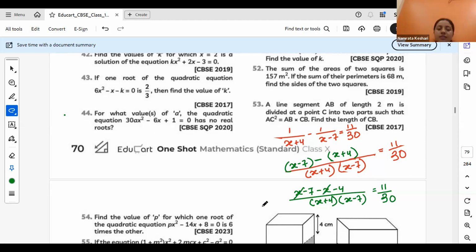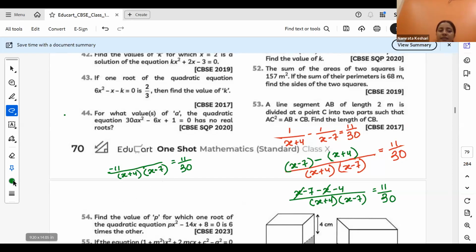It's completely fine. We are getting minus 7 minus 4 as minus 11. Minus 11 over x plus 4 multiplied with x minus 7 is equals to 11 over 30.